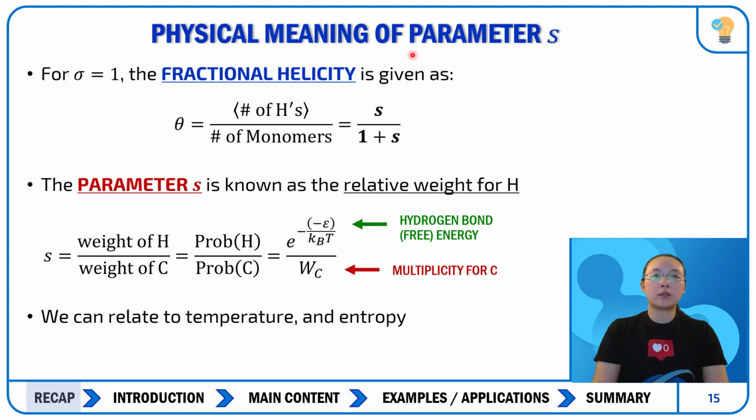We then took a look at a couple more parameters. We wanted to figure out what the parameter S meant. So we introduced sigma, which I won't explain again, but it's very important to understand.